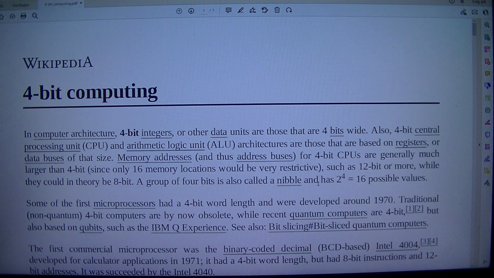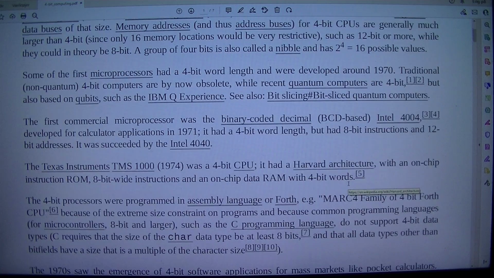Some of the first microprocessors had a 4-bit word length and were developed around 1970. Traditional, non-quantum, 4-bit computers are by now obsolete, while recent quantum computers are 4-bit, based on qubits, such as the IBM Q Experience. See also bit slicing, bit-sliced quantum computers.